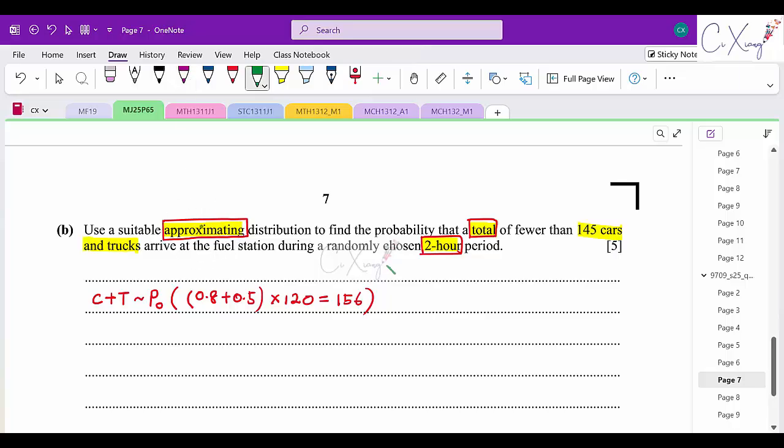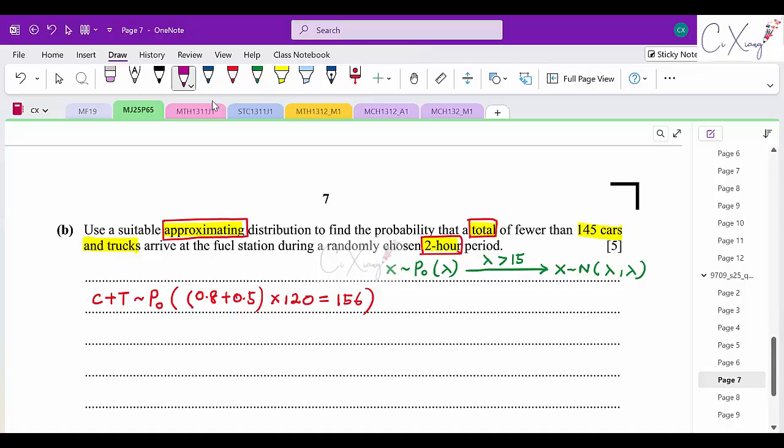Because when you are having Poisson lambda, when the lambda fulfills the condition that it is greater than 15, then you can basically change it to a normal distribution. Poisson has the same mean and variance. Mean and variance are the same value. Therefore, for the normal distribution, you're having lambda for both mean and variance.